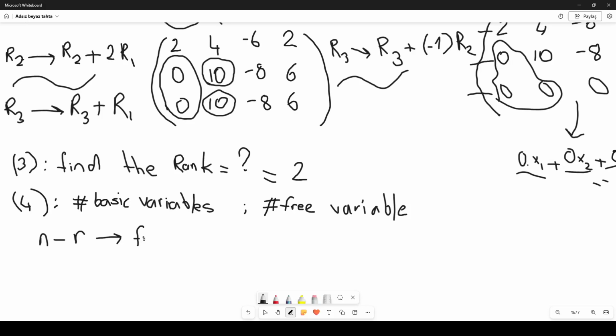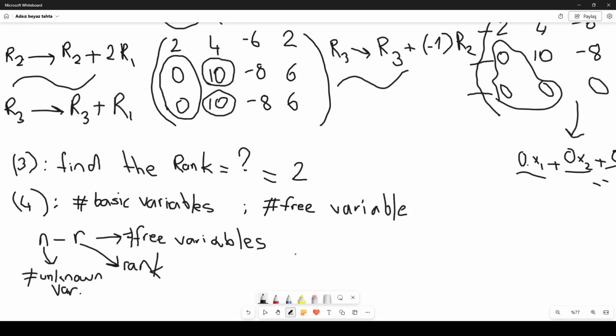So the number of free variables is equal to n minus r, where n is the number of unknown variables and r is the rank of the matrix.